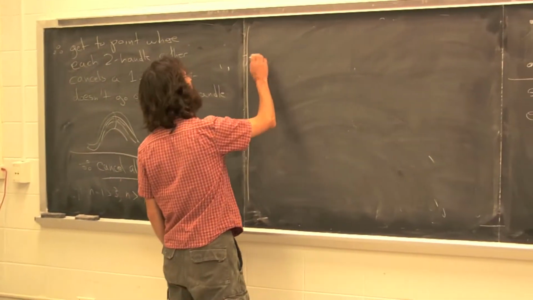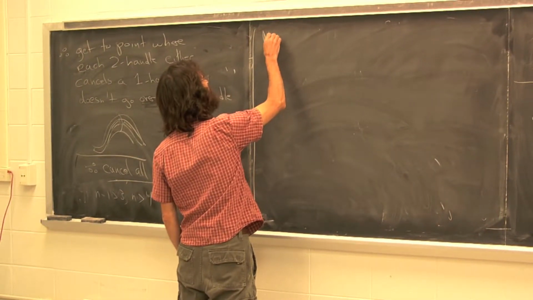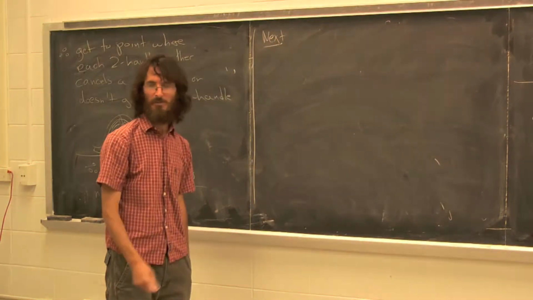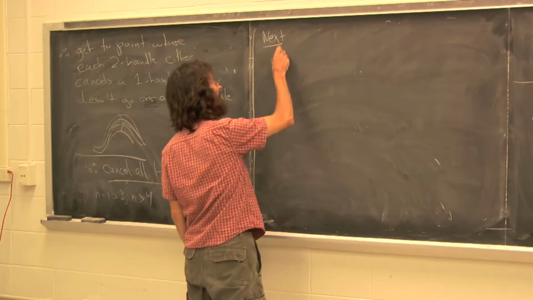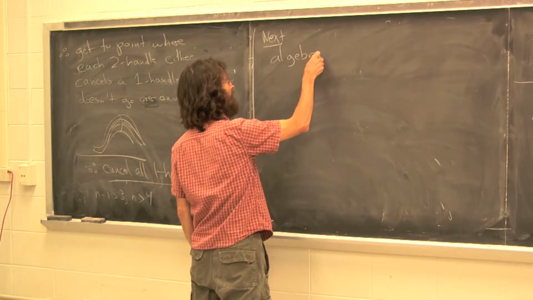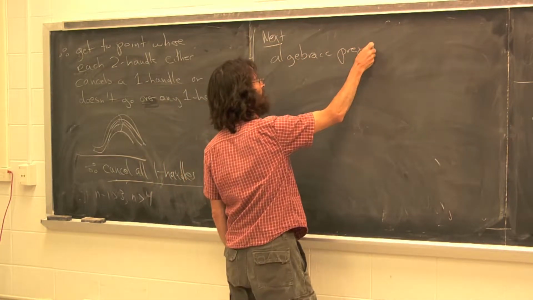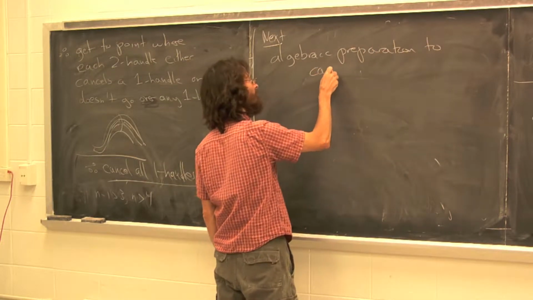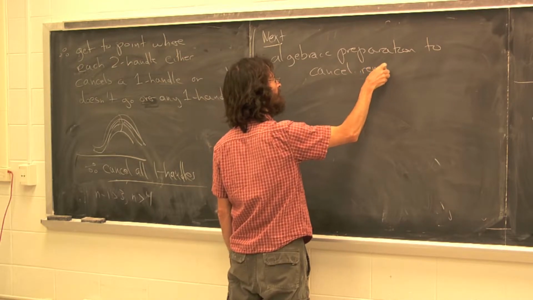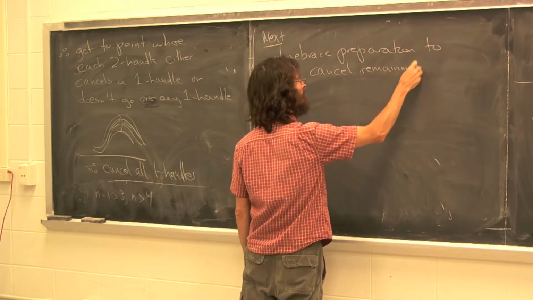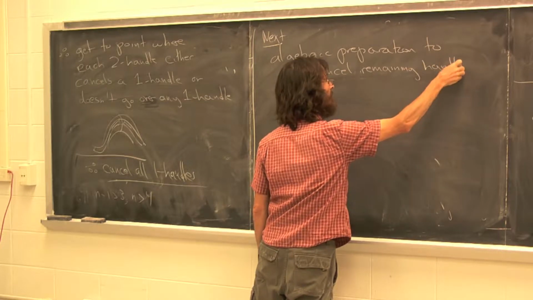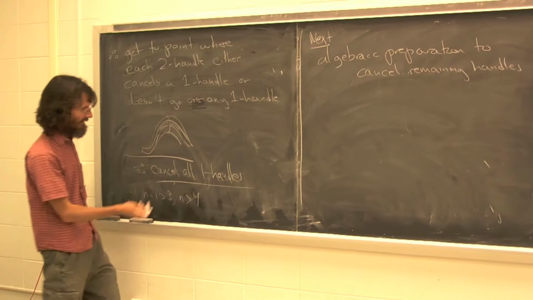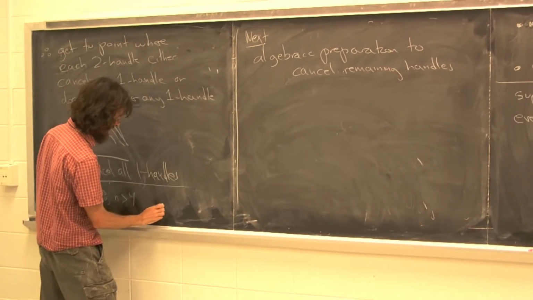Okay. So the next step is we want to cancel the rest of the handles. And the first thing we do is just algebraic preparation. Actually, let me, I realize I really do want this.